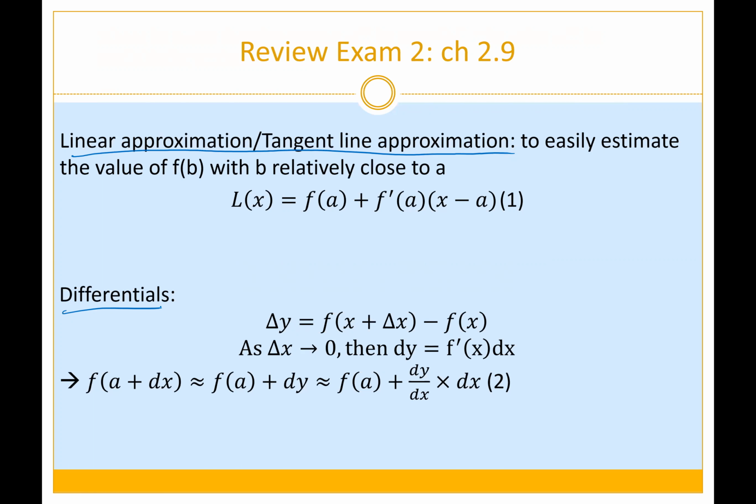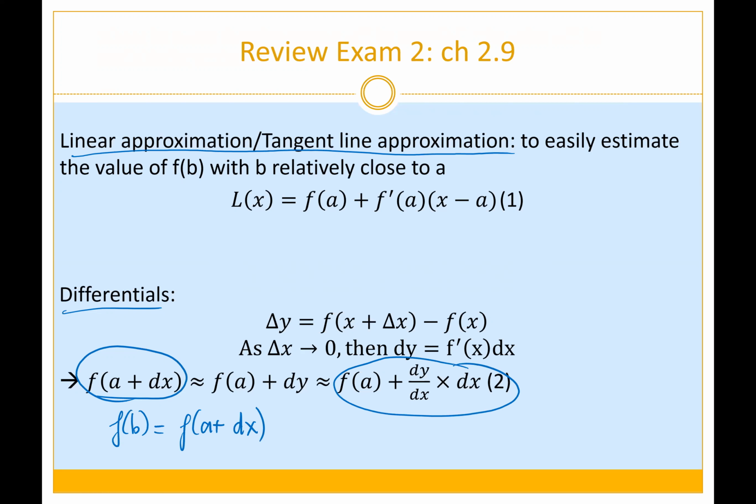So f of b can be represented as f of a plus dx, which is approximately f(a) plus dy, which we wrote this way. dy over dx is the same thing as f prime of x, and dx is similar to delta x. So that's differentials and linear approximation.